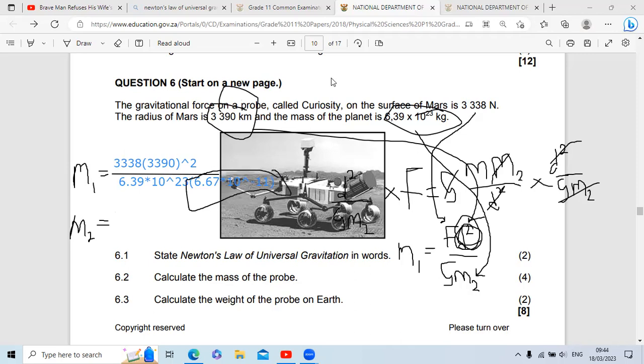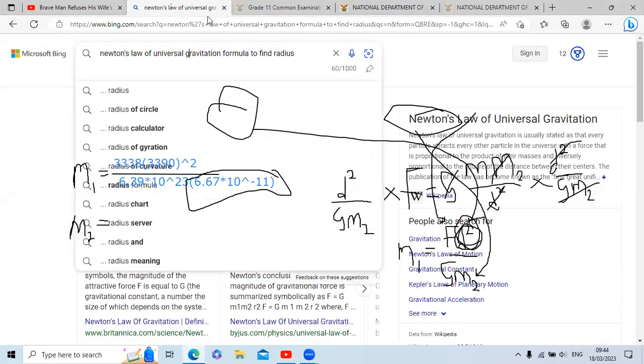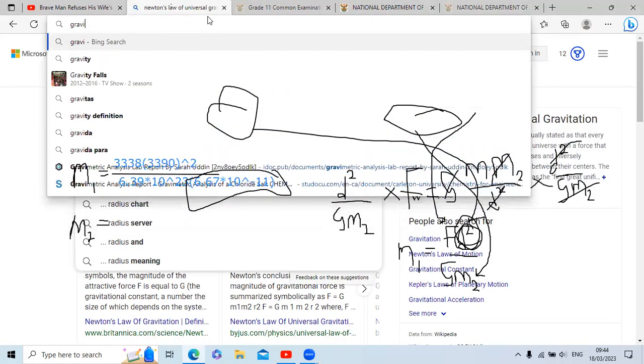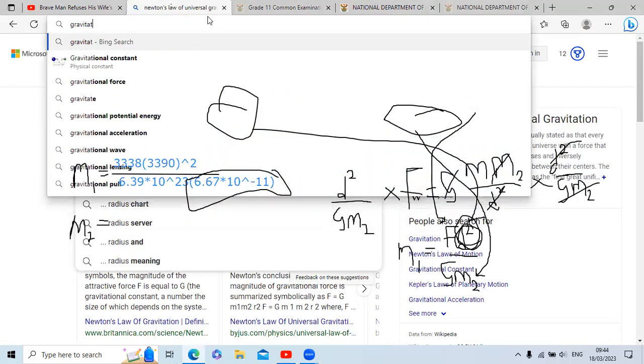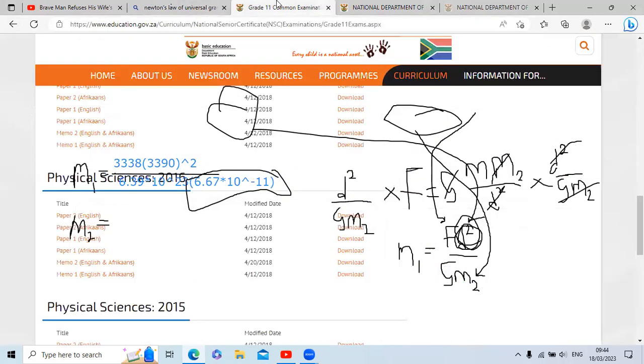Okay, let me just check because I'm not sure. Let me check this. Gravitational constant. Yeah, it is times 10 to the exponent -11.